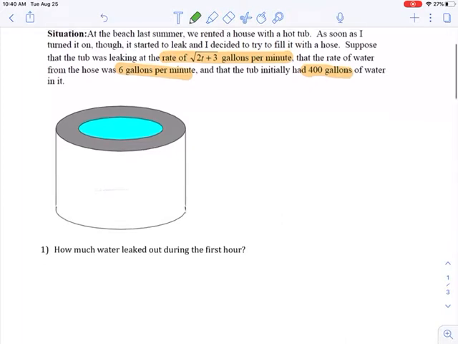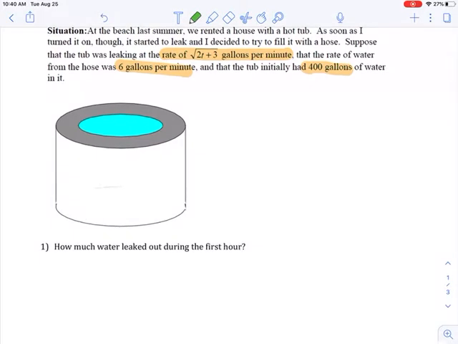Okay. So, we are given the leak in terms of a rate. Okay.